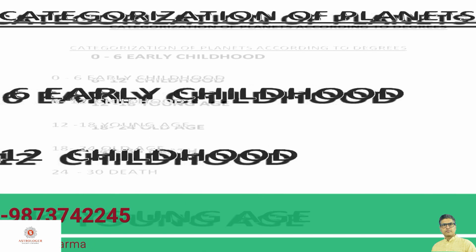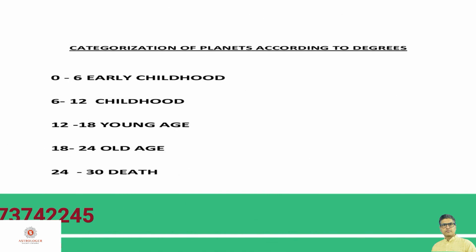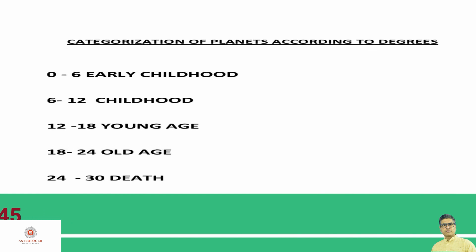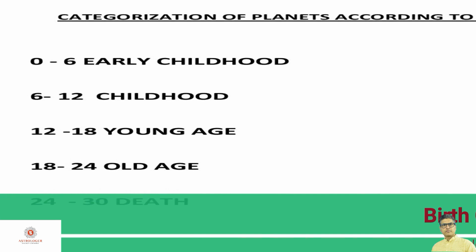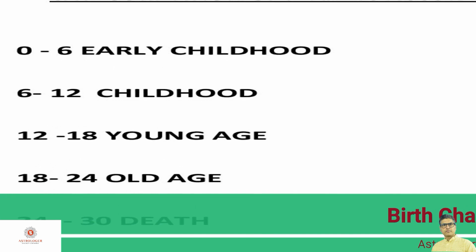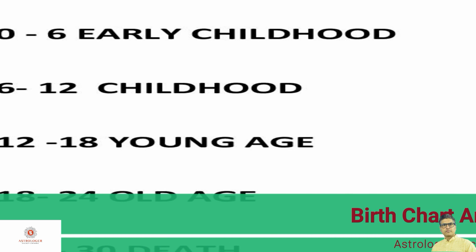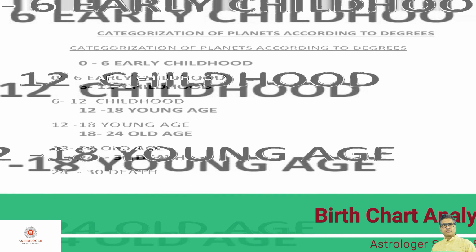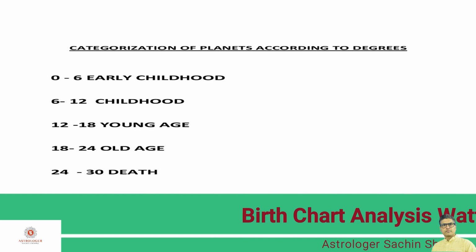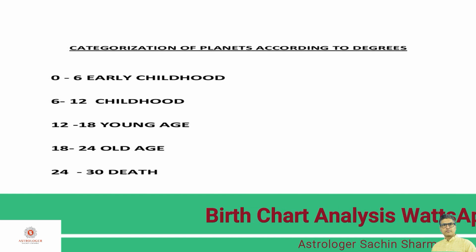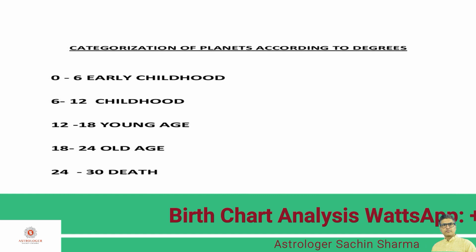If you find the degree of a planet between 6 to 12 degrees, that means that particular planet is in the childhood stage. In such a case, the planet will be a little more powerful in comparison to the early childhood stage, and will be able to give better or worse results as per its placement in the birth chart.